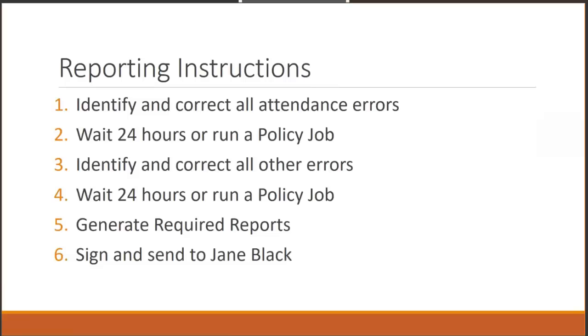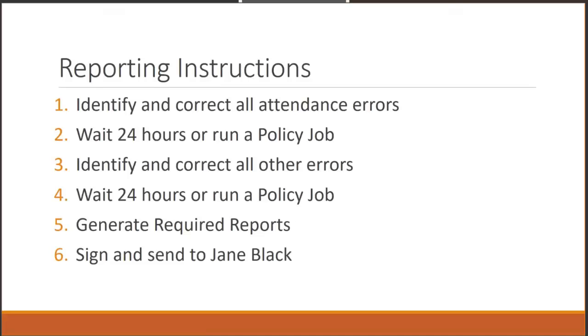So in order to generate required reports, there are 6 steps. First, you identify and correct all attendance errors. So during this step, you do not correct any other errors in the system. You just focus on attendance errors. Then you can wait 24 hours or run a policy job.